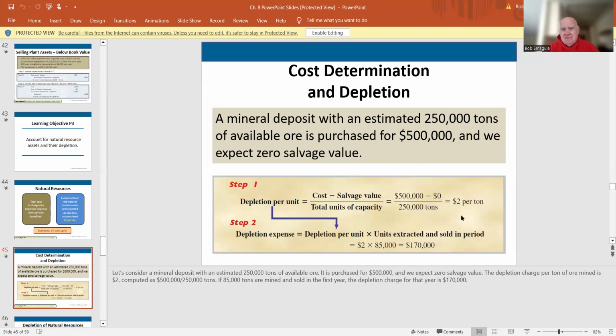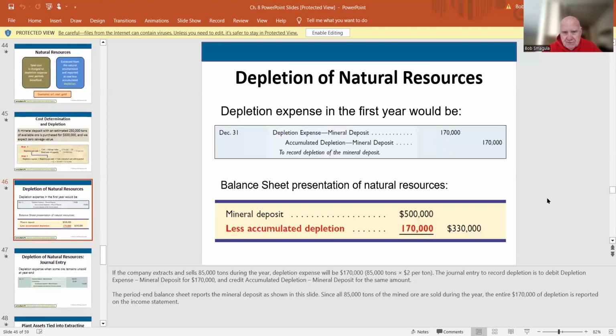You notice this is the same exact thing as the units of production method we learned on plant assets. So here we go. Depletion expense. Depletion per unit is $2. How much did they actually extract and sell? 85,000 times 2, 170. There's your depletion expense.